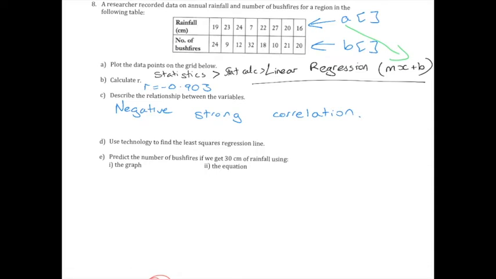The equation would be of the form y equals mx plus b, because that's the form we chose. Does that all make sense? So go back to your calculator screen. Can you see the value of m? What is it? To three significant figures, please.